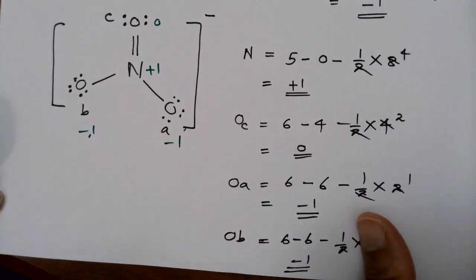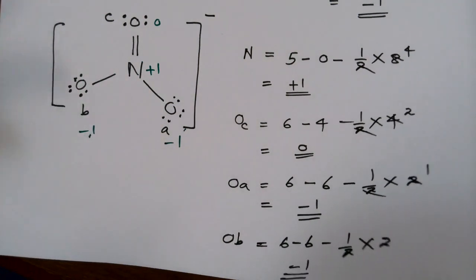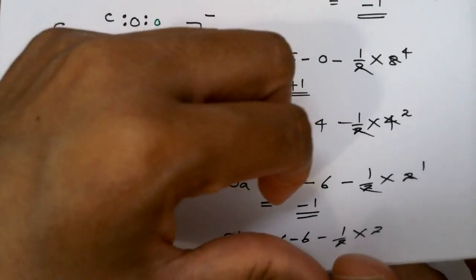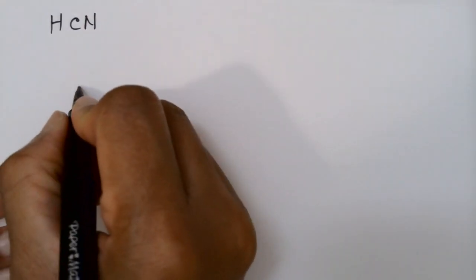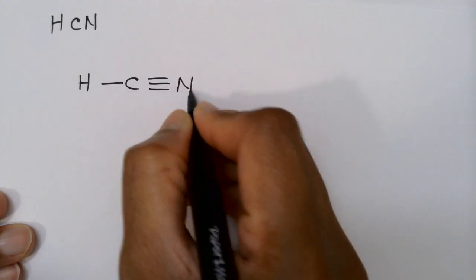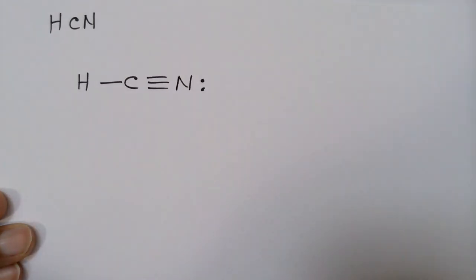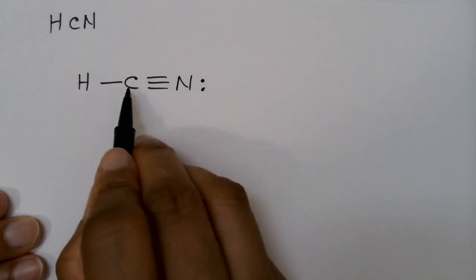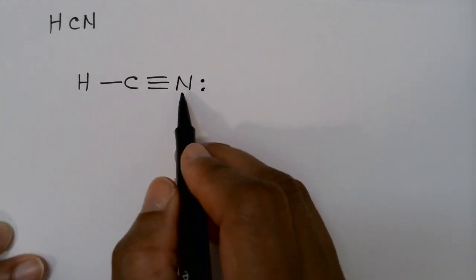Okay. So let's calculate one more, on hydrogen cyanide, HCN. This is hydrogen cyanide, with an octet around carbon, and nitrogen also has an octet.